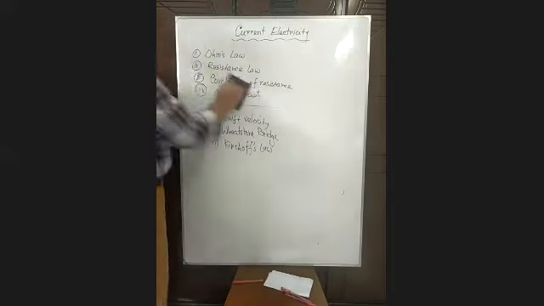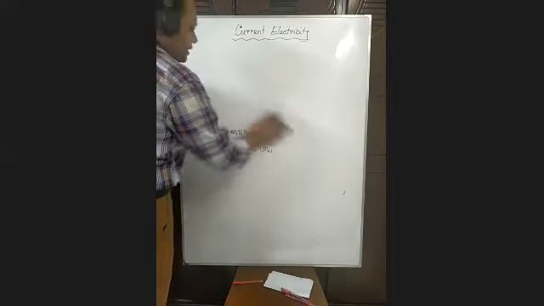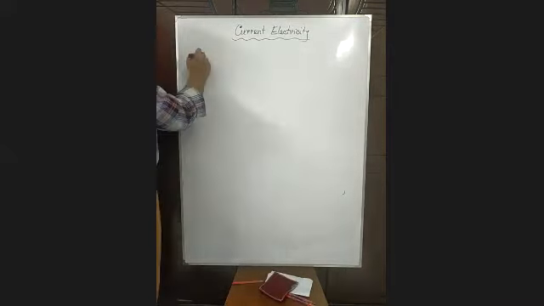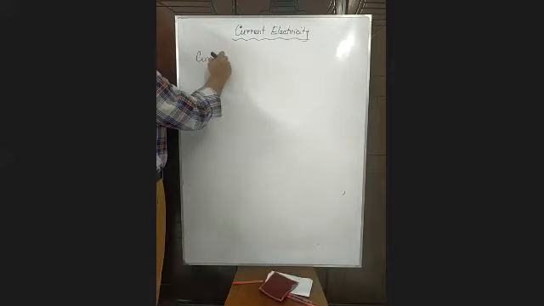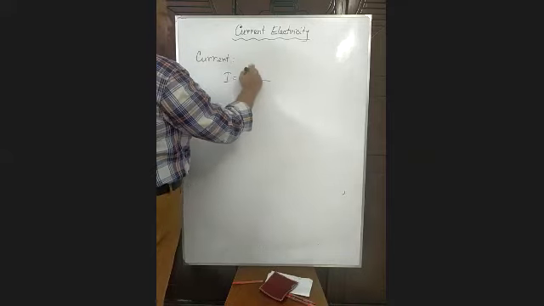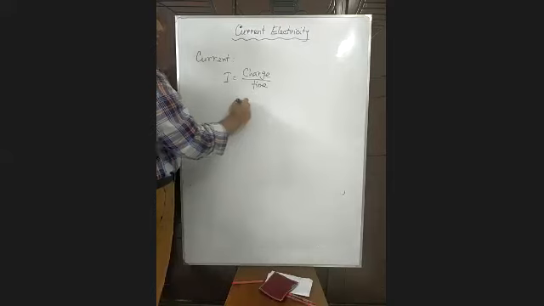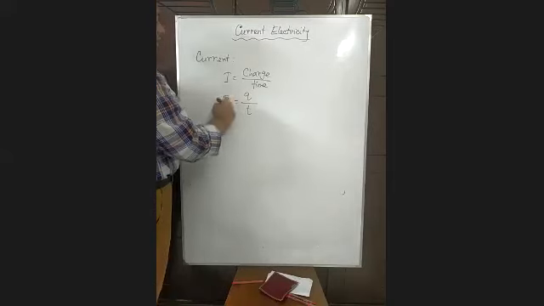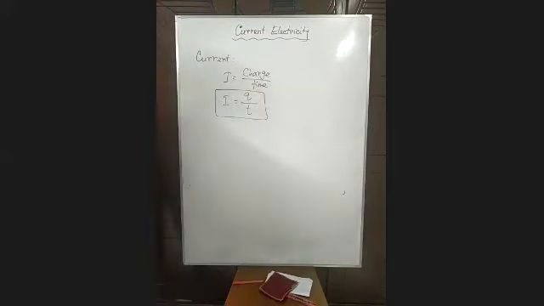So you can say the definition of current can be said as charge per unit time, or you can say it as Q by T. This is the equation for current. We knew that equation.